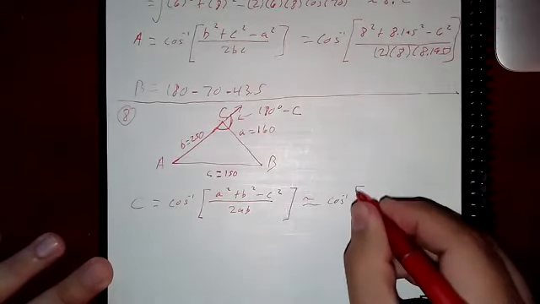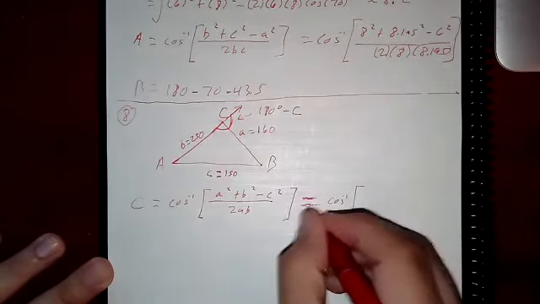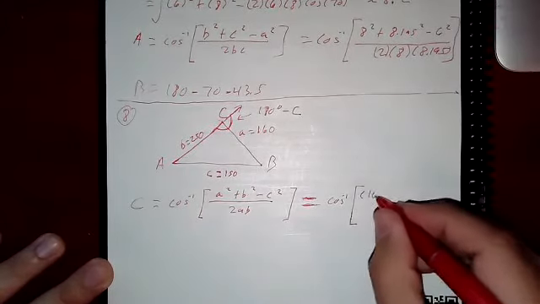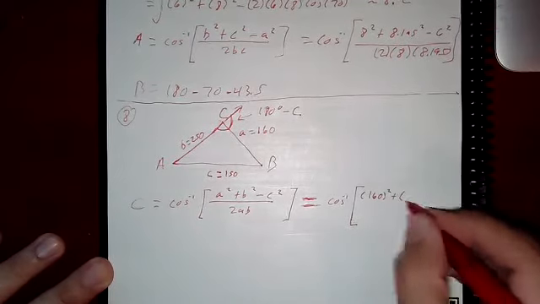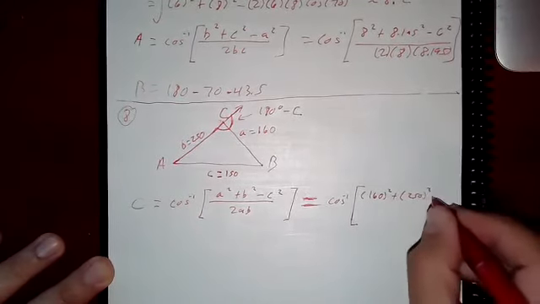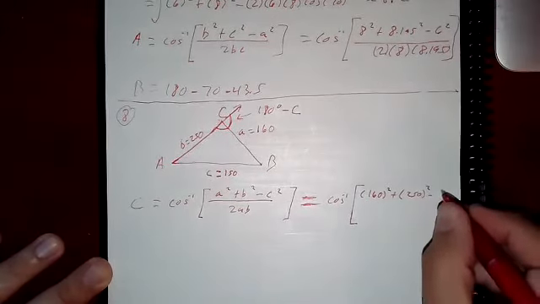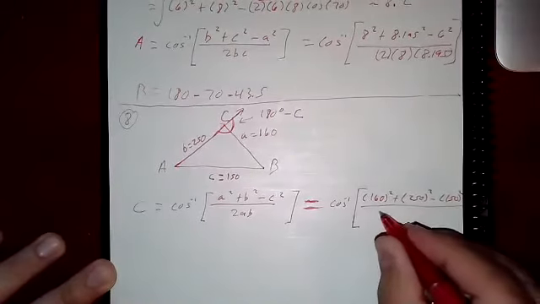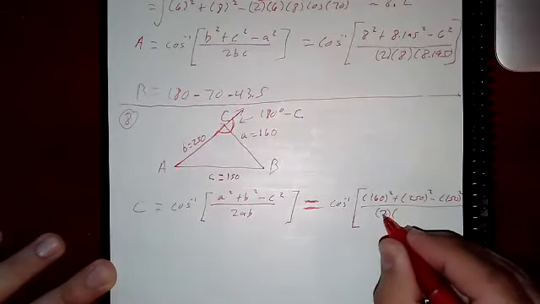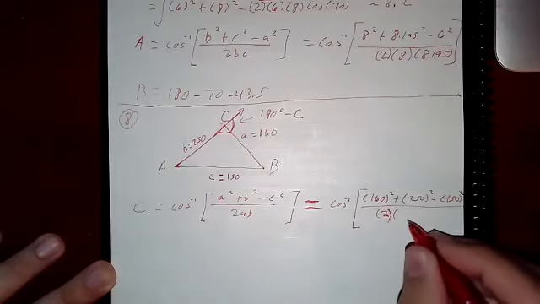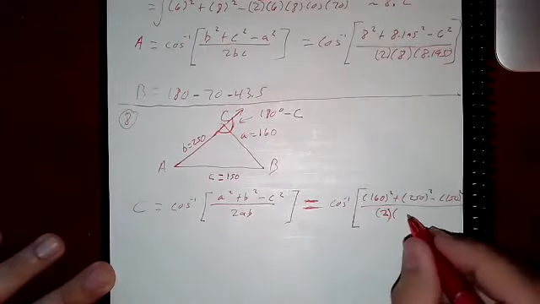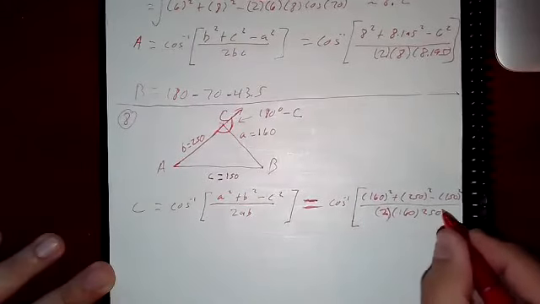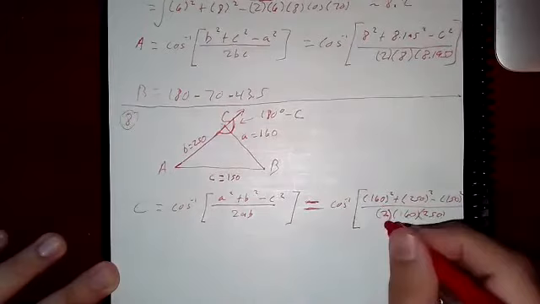Cosine inverse of, actually it's still equal until I use a calculator. So that'd be 160 squared plus 250 squared minus 150 squared over 2 times a times b. Sorry, I wrote that off quickly.